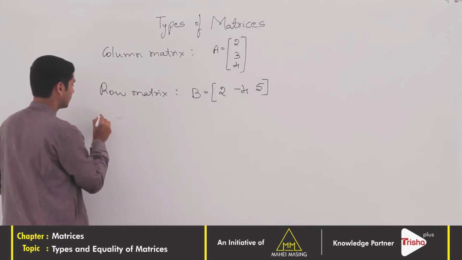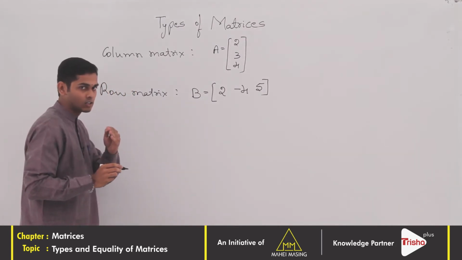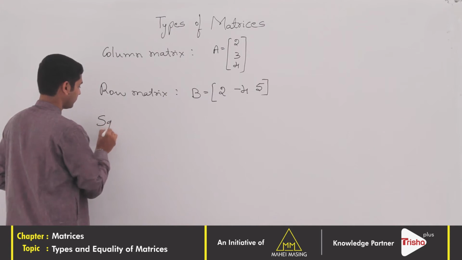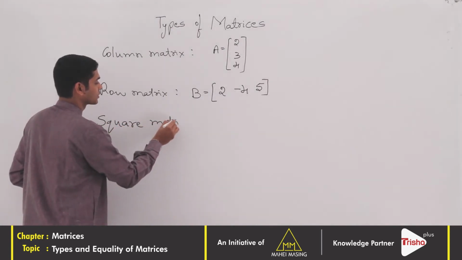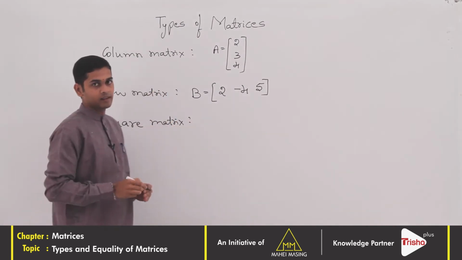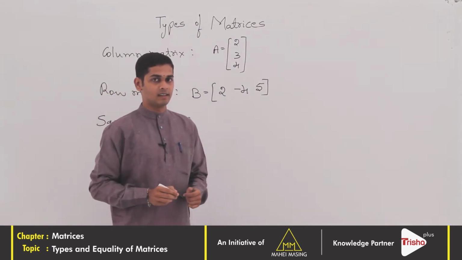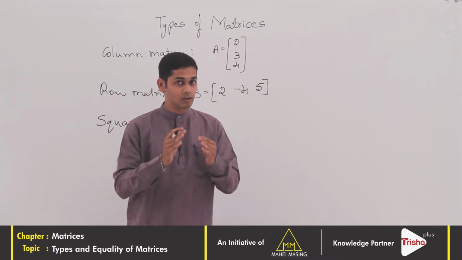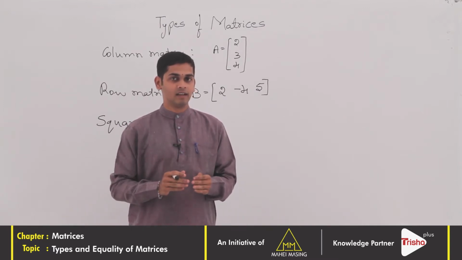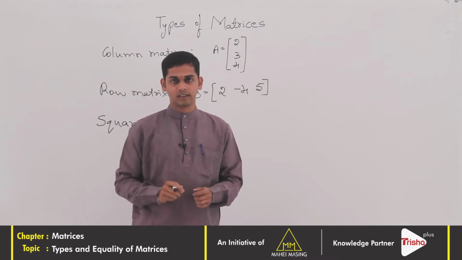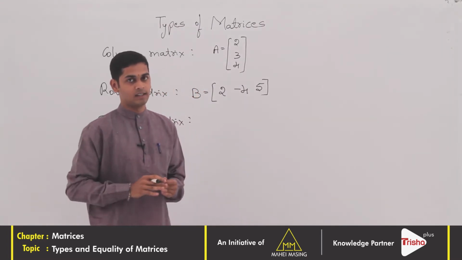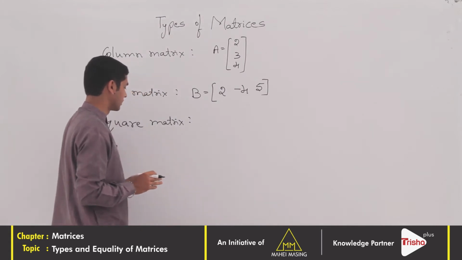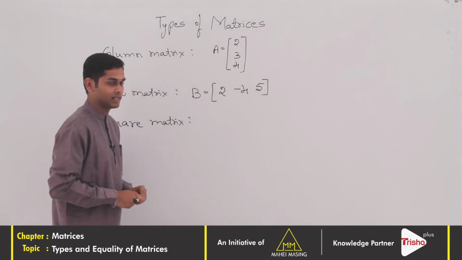And the third type is square matrix. So, how to define a square matrix? A matrix is said to be a square matrix if the number of rows is equal to the number of columns. Then that matrix is said to be a square matrix.